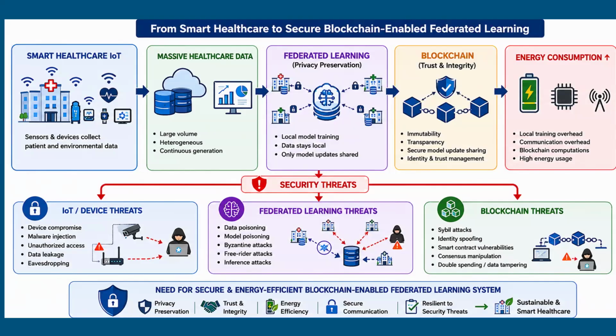So along with the IoT devices' energy usage, these two have to be considered when we are developing such an AI model training. There is a lot of research going on nowadays to improve the energy consumption of these federated blockchain IoT device combinations.